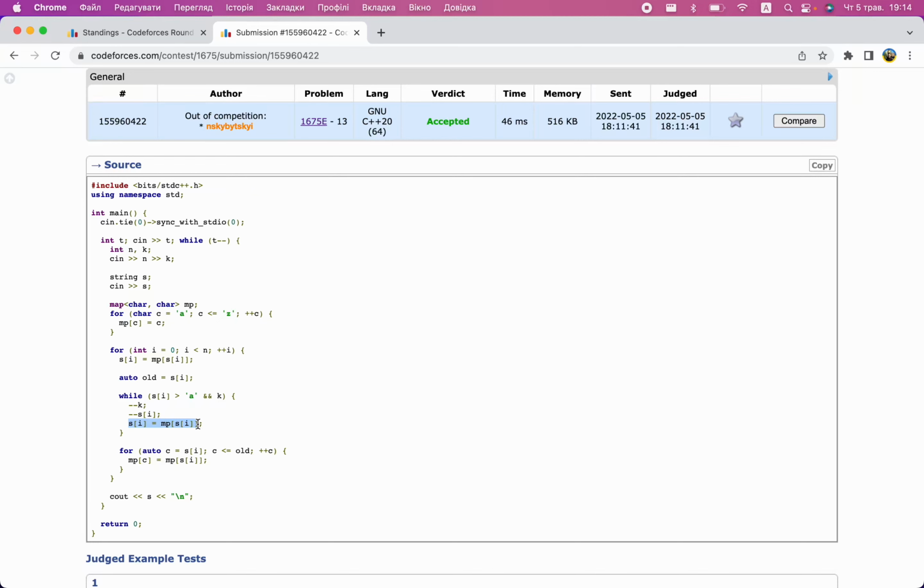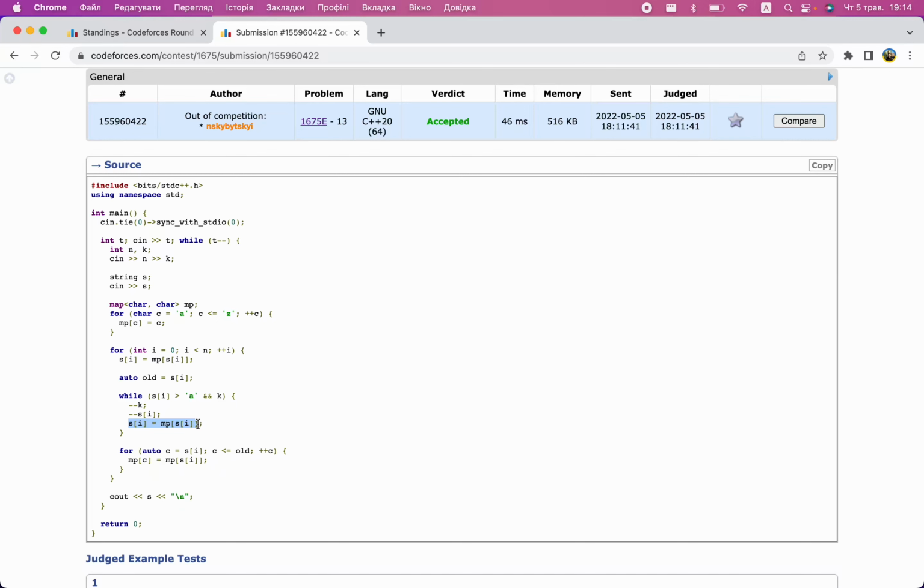If we ever replace letter Z with letter Y, then it can be the first operation that we make. If we ever replace Y with X, then it can be the second operation that we ever make. This way, operations will chain together and we pay minimum for replacing Z with X.